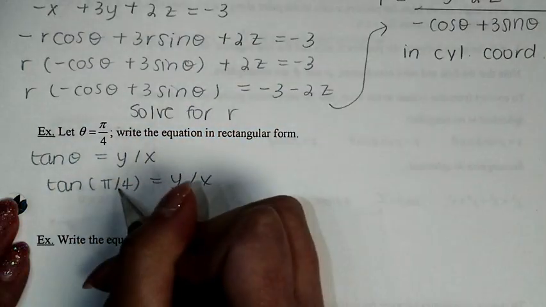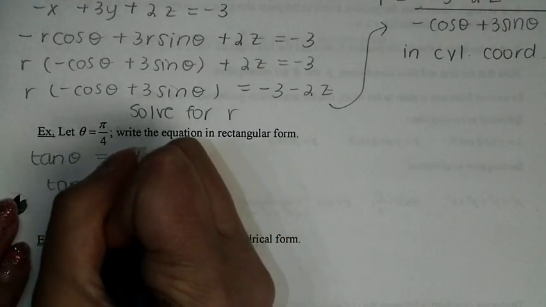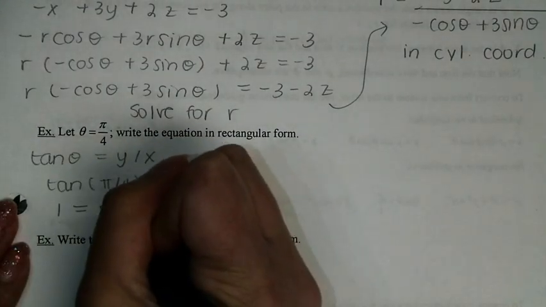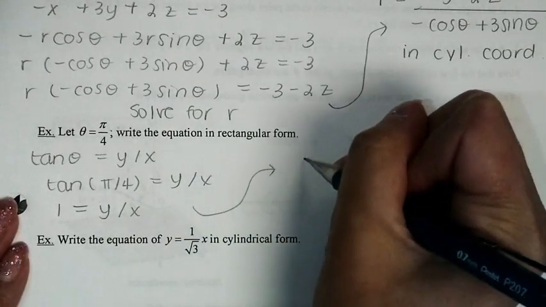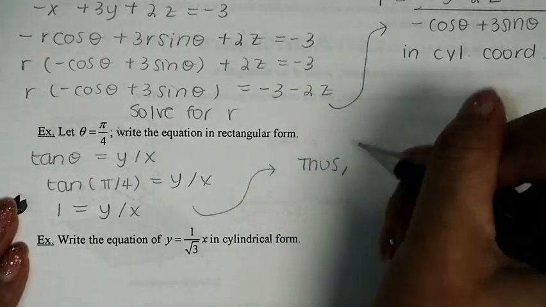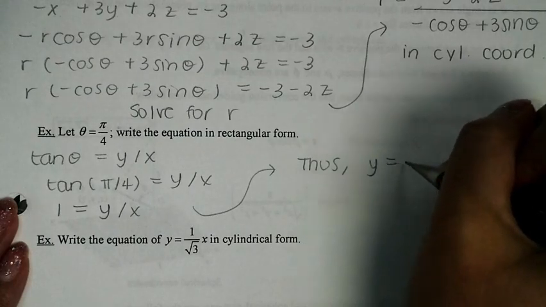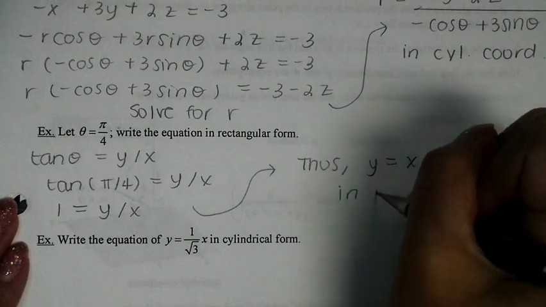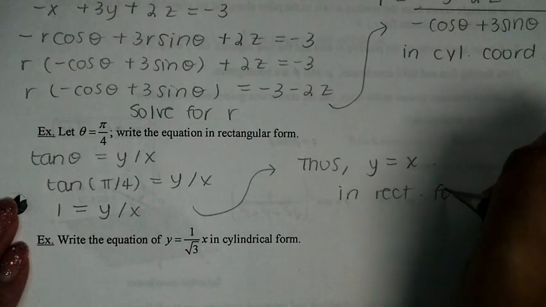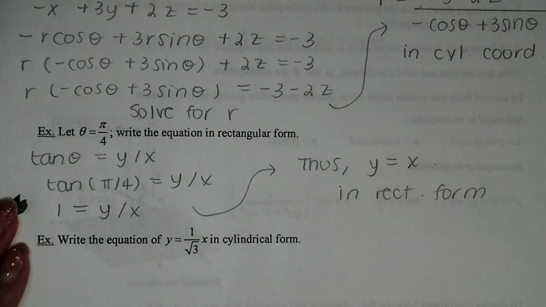What's tangent of pi over 4? You know your unit circle, it's 1, so 1 is equal to y over x. Thus, what's going to be your equation? You solve for y, so y is equal to, surprise, surprise, x, in rectangular form. Isn't that beautiful? It's the equation of a line.